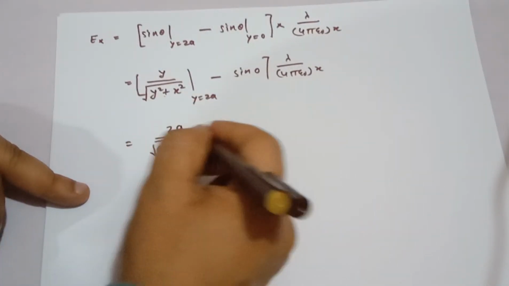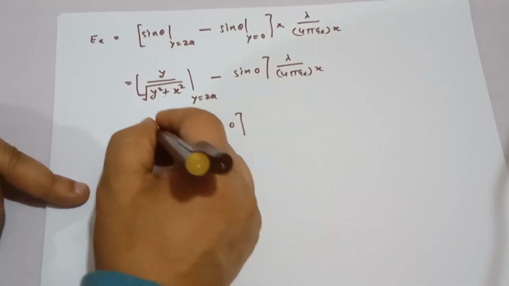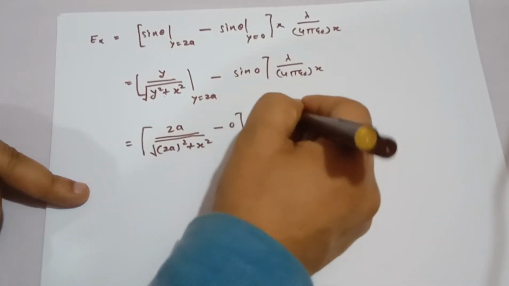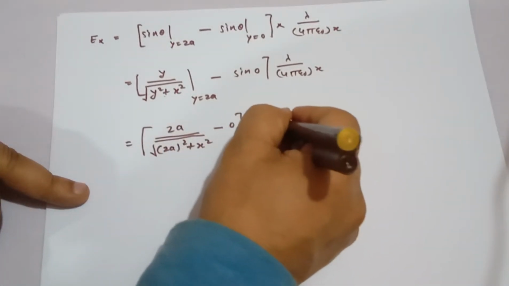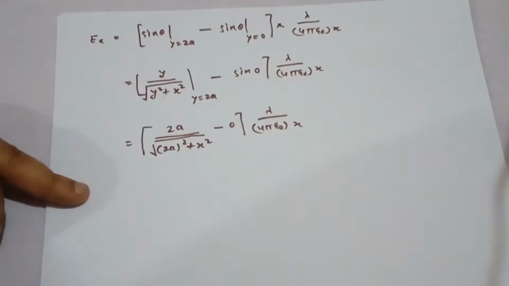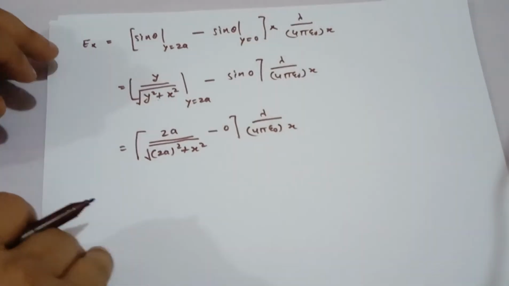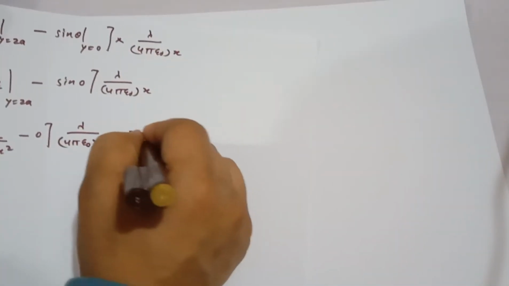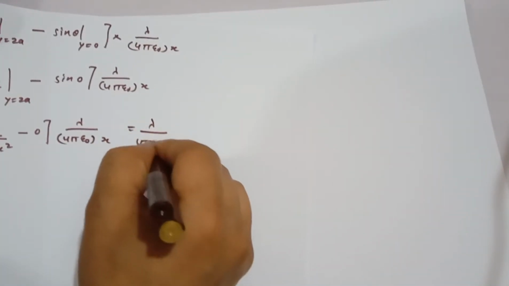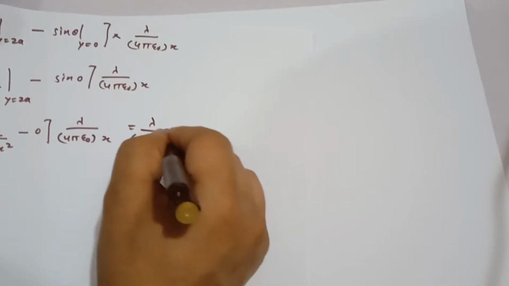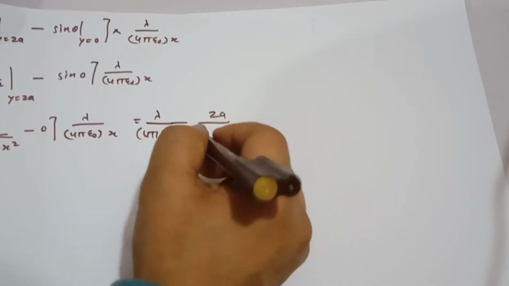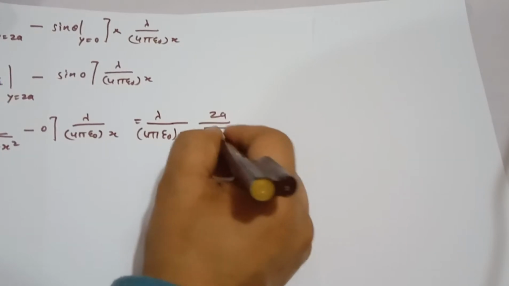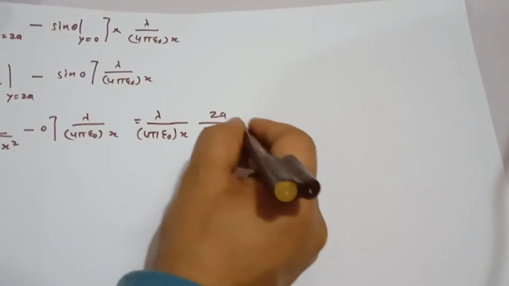And then minus sine 0, which is 0. You can put lambda over 4 pi epsilon naught into x. So the answer we should have now is lambda divided by 4 pi epsilon naught into x, into 2a divided by the square root of 2a whole square plus x square.